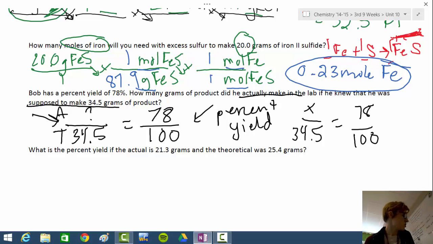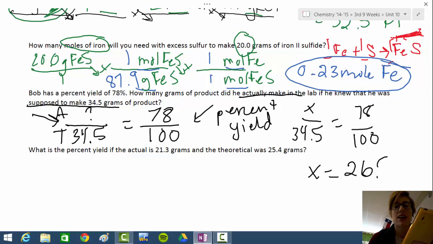You can just cross multiply and divide. So I'm going to do 34.5 times 78 divided by 100, and you get 26.91. So that's how many grams he actually made in the lab.